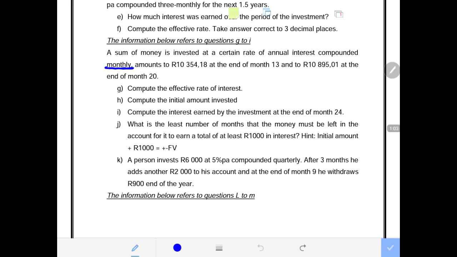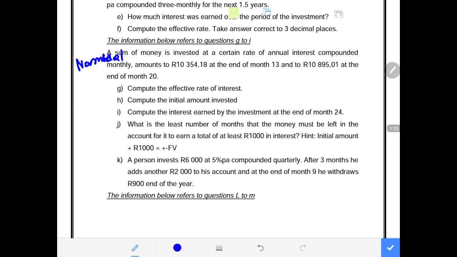Take note, compounded monthly, and the minute it is compounded monthly, that means we are speaking of the nominal rate of interest. That means they used a monthly nominal rate of interest to compound the interest on the investment that was made. Then we don't know how much this nominal rate, which is monthly compound, is.